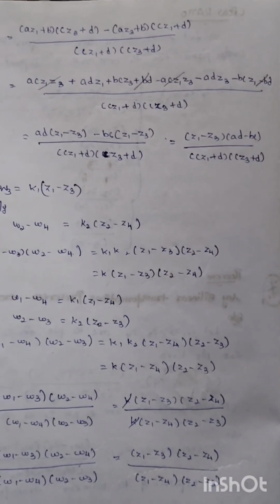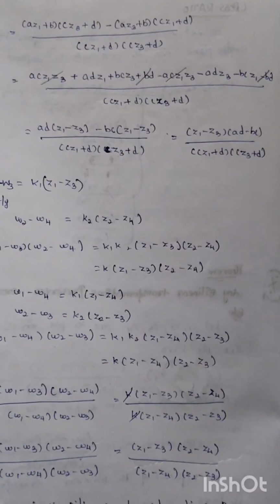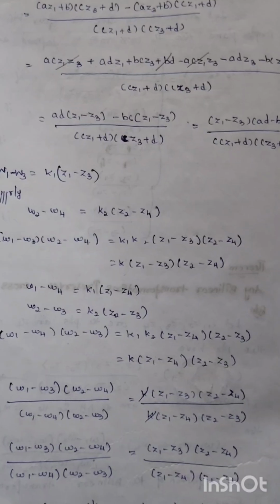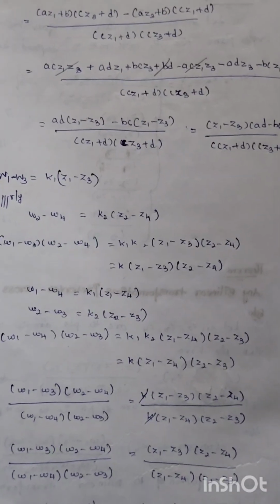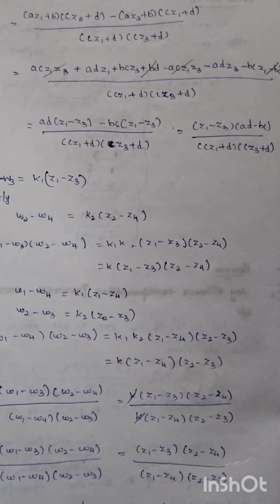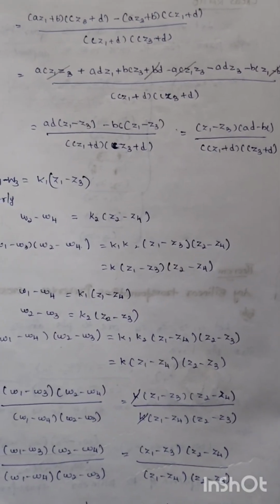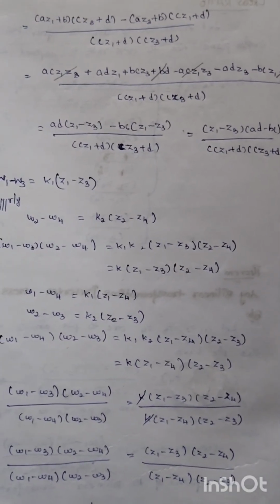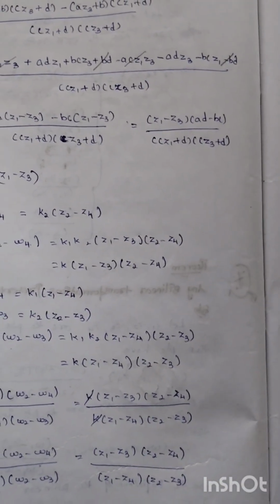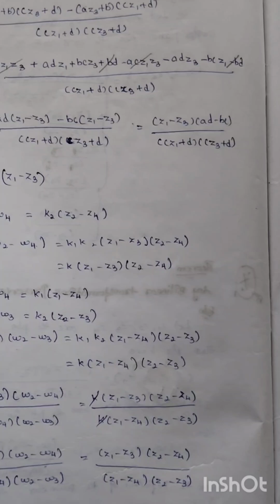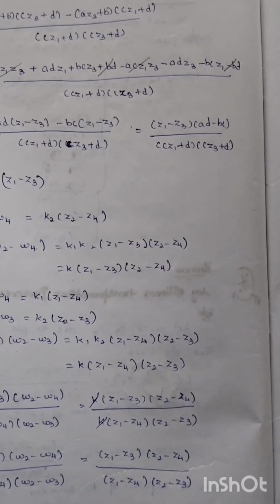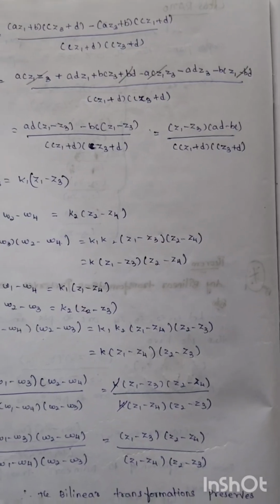In the next step, we take ad as common and minus bc common. We get ad into (z1 minus z3) minus bc into (z1 minus z3), divided by (c z1 plus d) into (c z3 plus d). Which is equal to (z1 minus z3) into (ad minus bc) divided by (c z1 plus d) into (c z3 plus d).